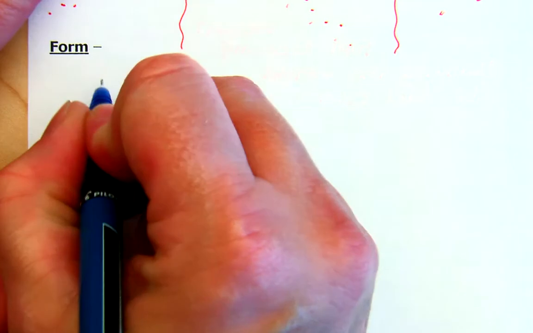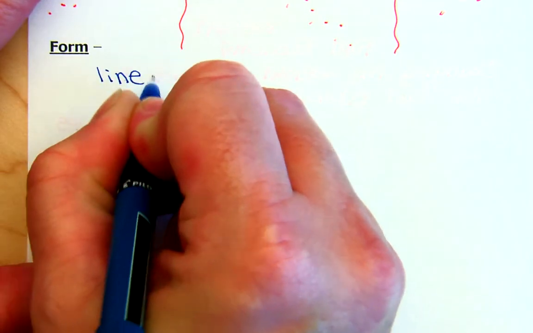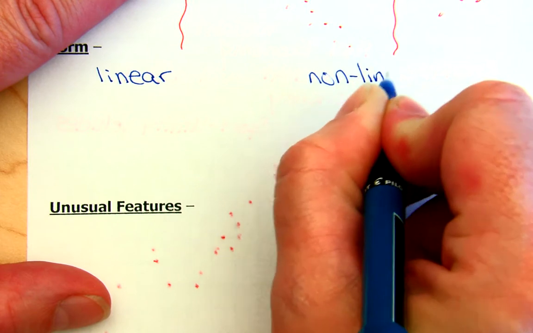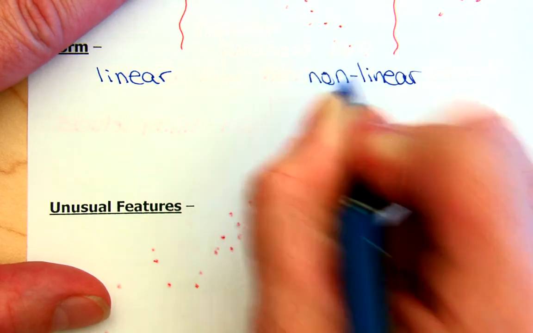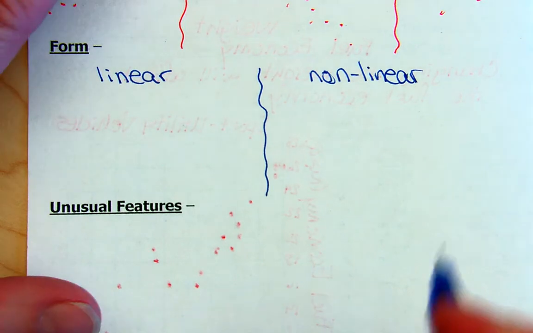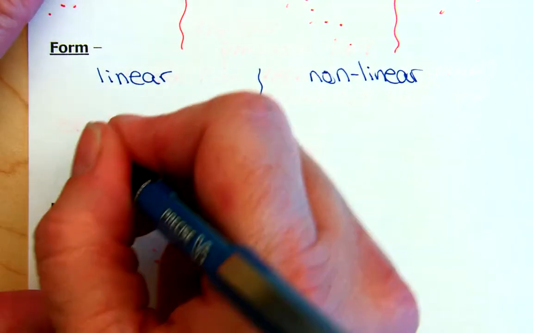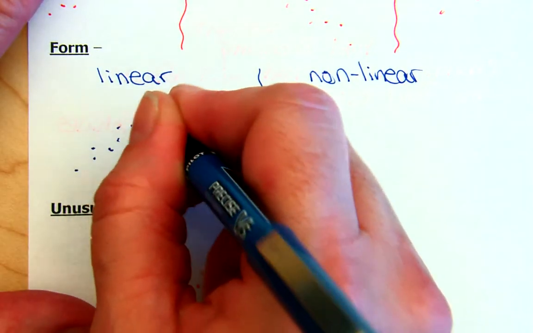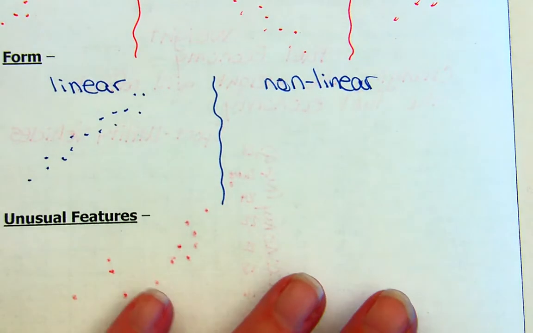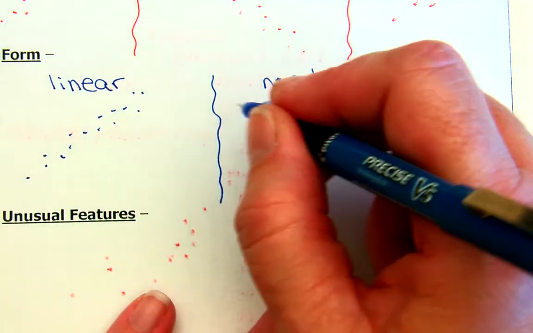For form, this one we only have two options. It's either linear or nonlinear. So linear would be, looks like a line. Nonlinear, it may be something like this.